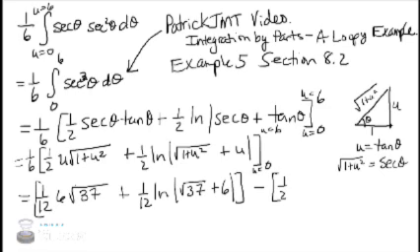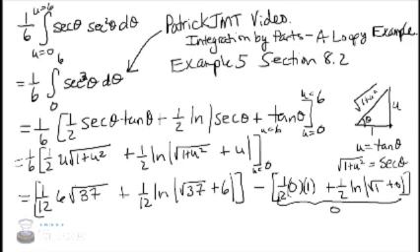That's going to be 1/12 times 0 times 1 plus 1/2 the natural log of the square root of 1 plus 0. So all of this is just going to be 0. Plugging all of this into your calculator, if you want to get an estimate, this is approximately 3.249.